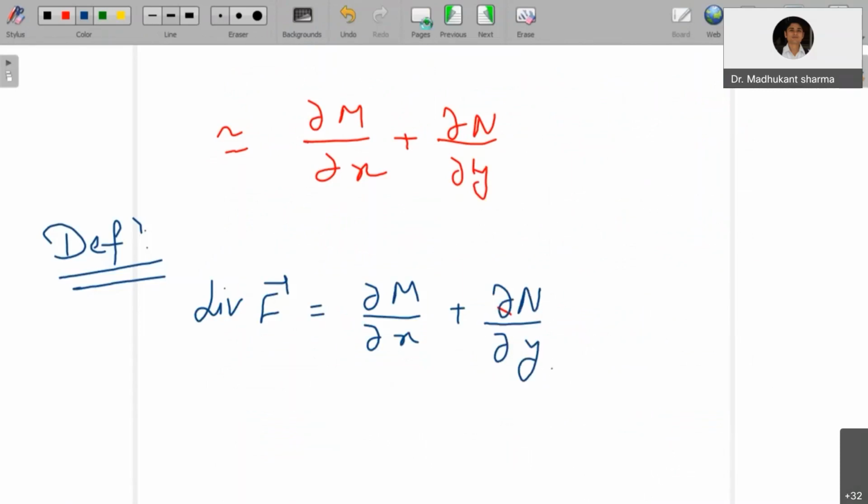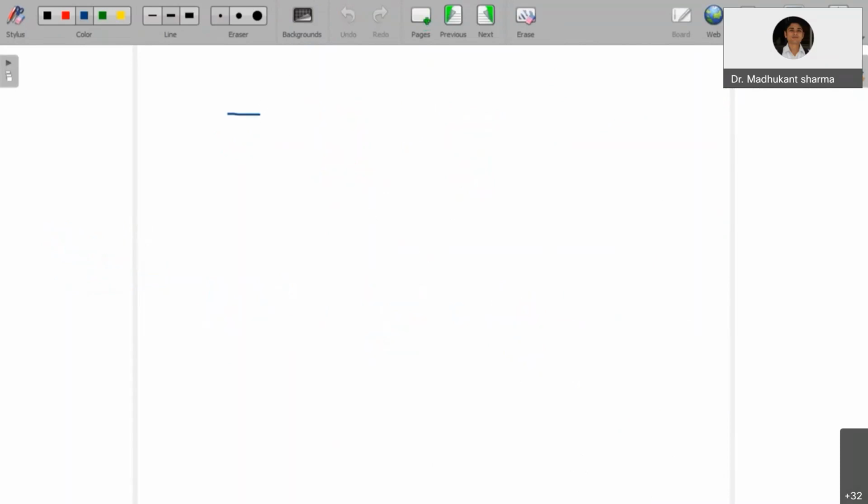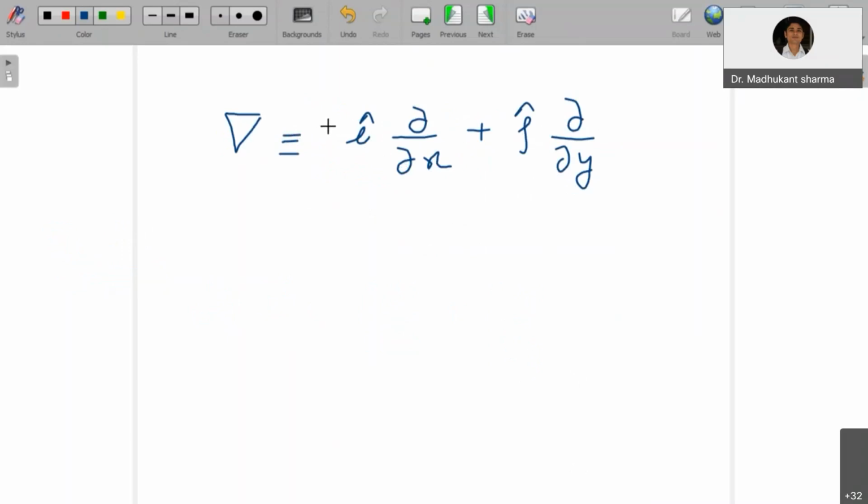So if you introduce the following operator, del equals i cap dou by dou x plus j cap dou by dou y. This is an operator. The i component is differentiated partially with respect to x, and the j component is differentiated partially with respect to y, and it is going to be operated in that way. So I can write the divergence of F as del dot product with F.